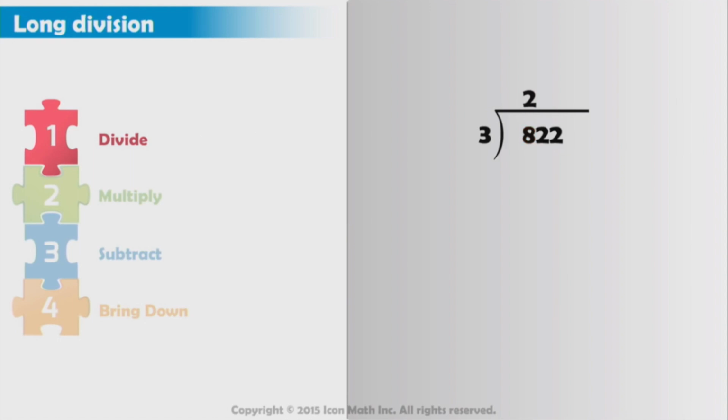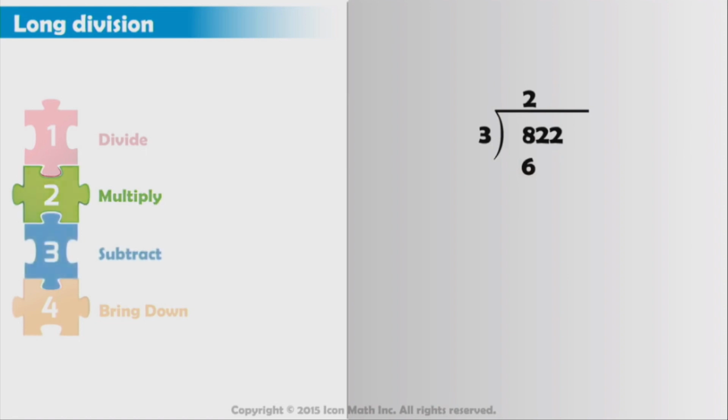Now, as we've learned, after we divide, we multiply. What's next, guys? So we take the digit we wrote in the quotient and multiply it by our divisor, 3. 2 times 3 equals 6. We write 6 below the 8, the number we divided.